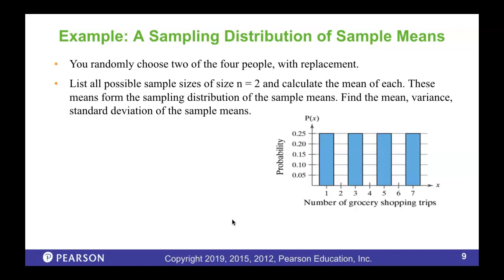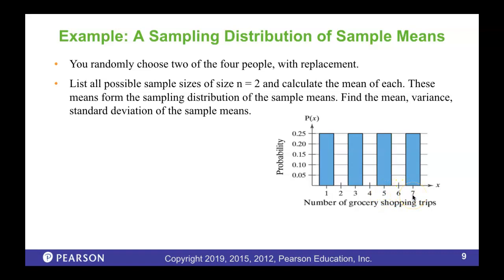Okay, so if I pick 2 people, and those 2 people have number 1 and 3, then the average will be 1 plus 3 divided by 2. If I pick 2 people and one person goes 5 times a month, and another person goes 7 times a month, I will have to add 5 plus 7 and divide by 2.